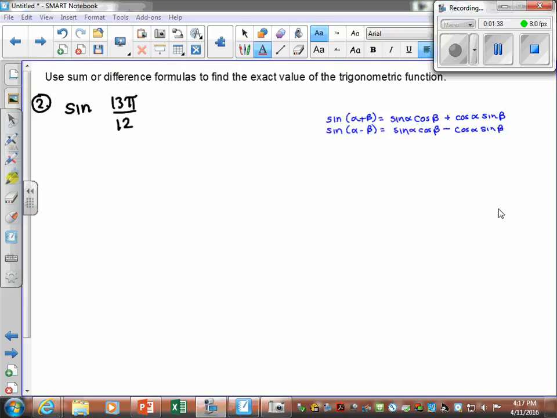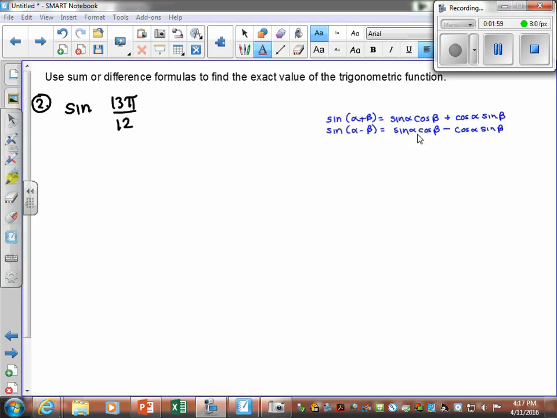Okay, so the first example is use the sum or difference formulas to find the exact value of the trigonometric function. So sine of 13 pi 12ths. Well, this clearly is not on the unit circle, but to use sum or difference we need to have an alpha and a beta. So I wrote these down over here just to recall.